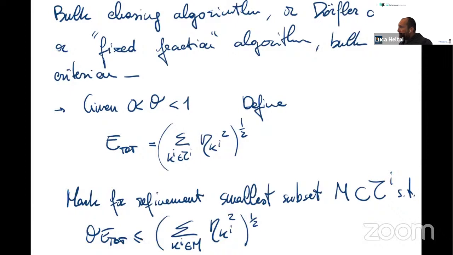And it's the smallest subset M that satisfies this. So basically, you keep adding elements to refine, you keep marking those elements for refinement, you order them.